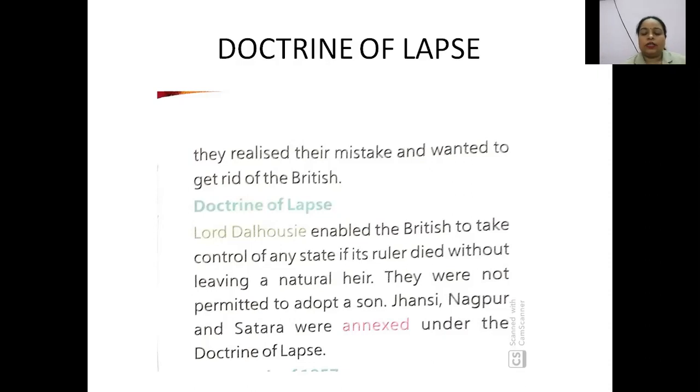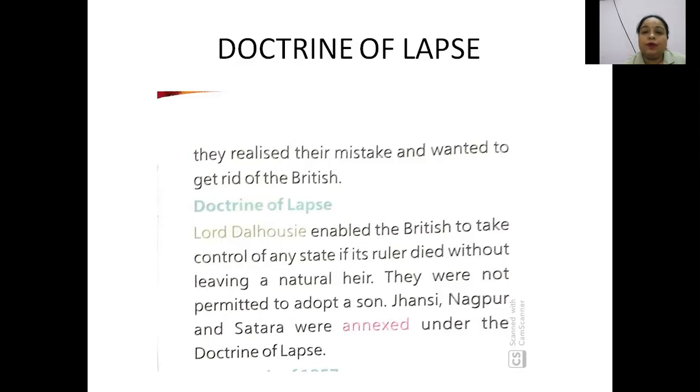So this was the first thing, the Subsidiary Alliance. Then we come to the Doctrine of Lapse. Understood? I'll once again explain what the Doctrine of Lapse is. A king died without a son, so the adopted son will not become the next king, and his territory will go into the hands of the Britishers.